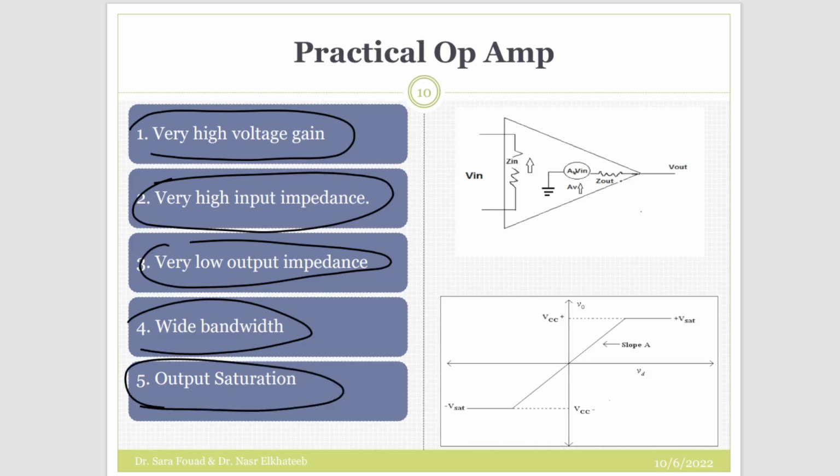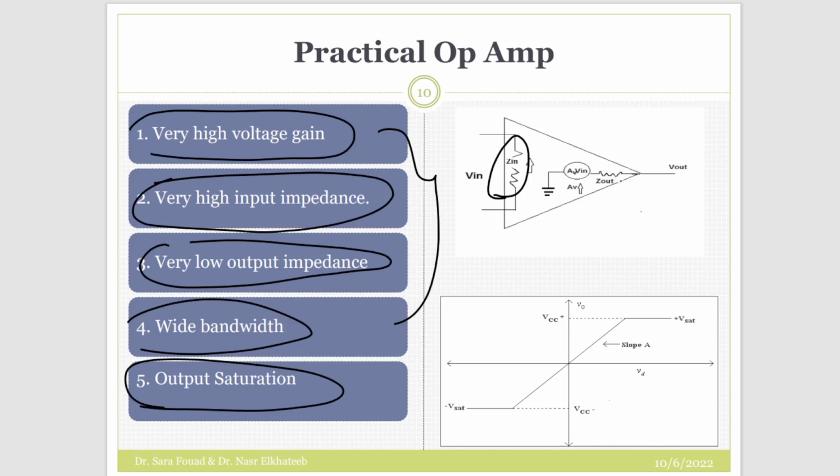What is the output saturation? We have talked about these 4 points. We know what the voltage gain is. The voltage gain is the gain that the signal takes to be much amplified. Number 2, we have the very high input impedance. We have talked that there is a resistance between the two inputs of the operational amplifier, and this is a very high resistance.